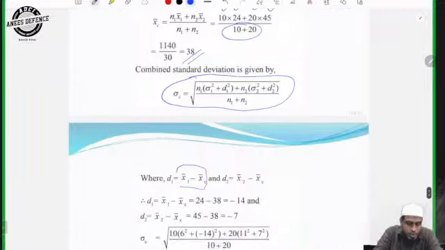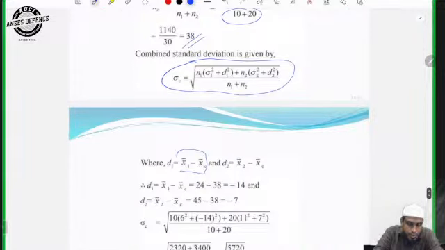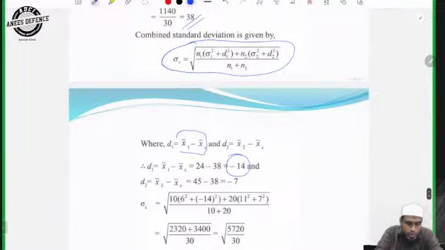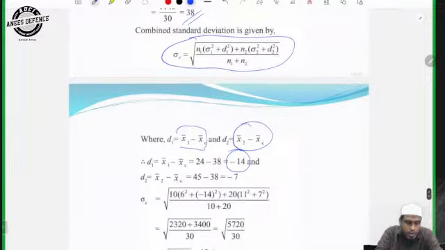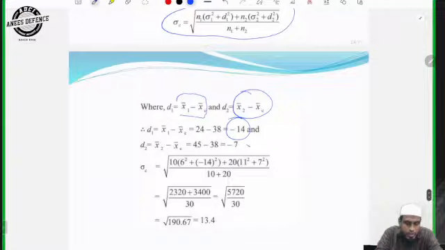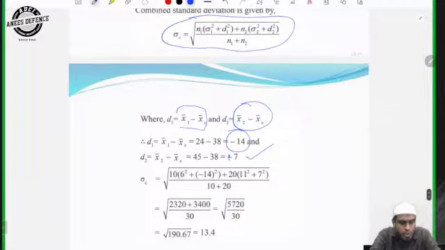So 24 minus 38 will be minus 14. x2 bar is 45, so 45 minus 38 gives plus 7.